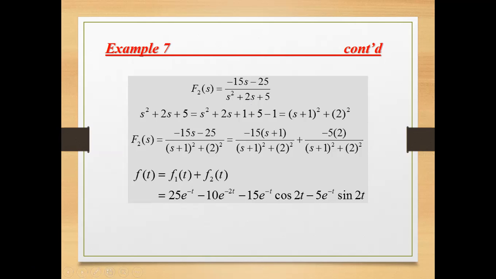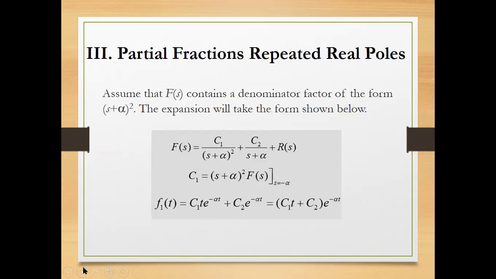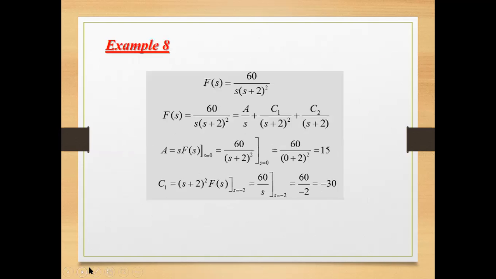So that's it, class. But if we had enough time, there are also the repeated roots. They are linear roots, but one is already raised to 2. Or this could even be raised to 3. So if this is s plus 2 raised to 3, you will have 3 equivalent partial fractions here.